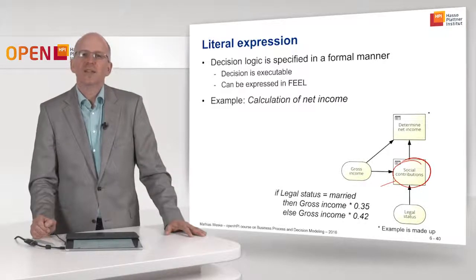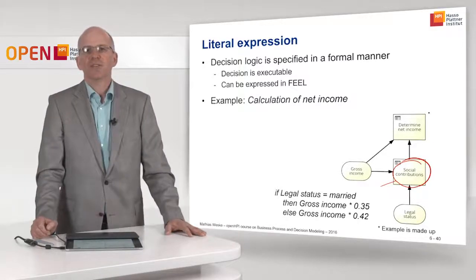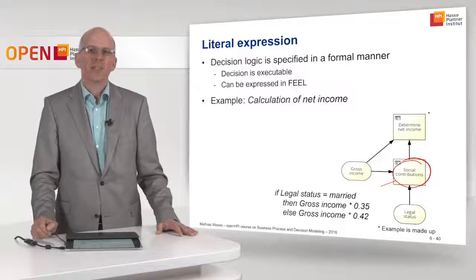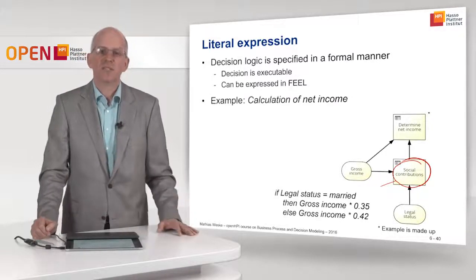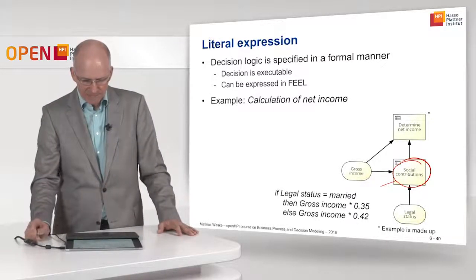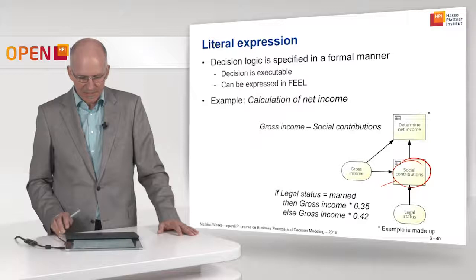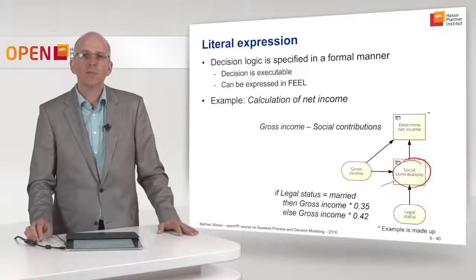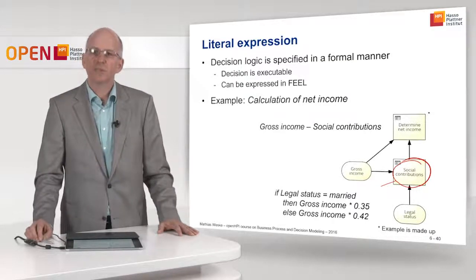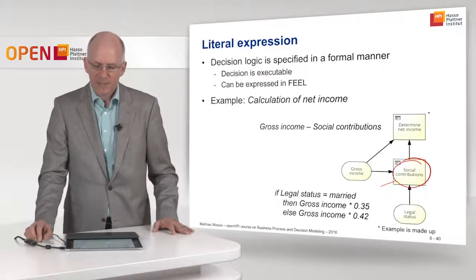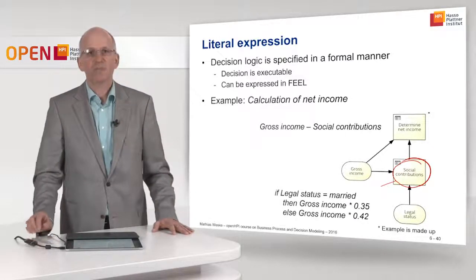And so we see here that the decision is not only possible to have a textual representation or a decision table, but you can also have an expression here, for instance, expressed in the FEEL language. And then it's easy to determine the net income in this example, and that's basically you take the gross income and you subtract the social contribution, and then this is the return value of the net income decision.